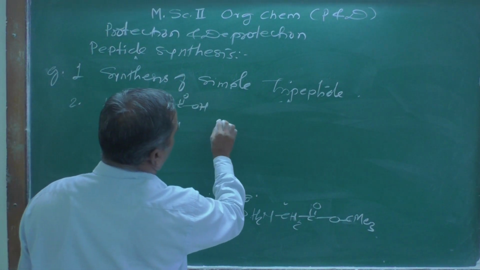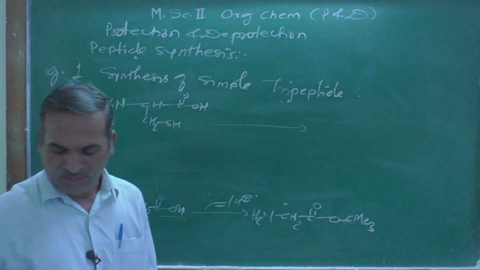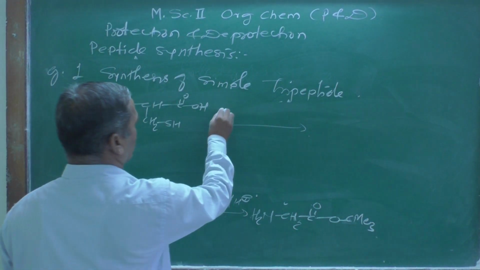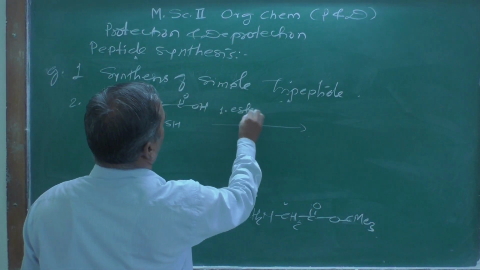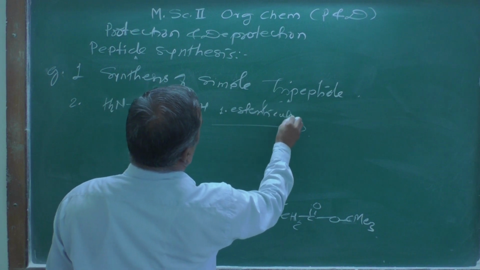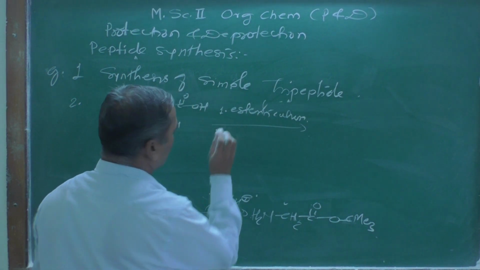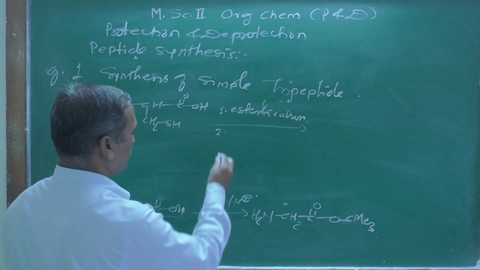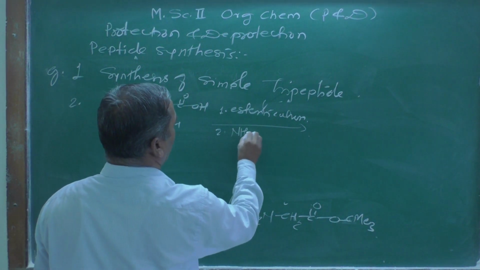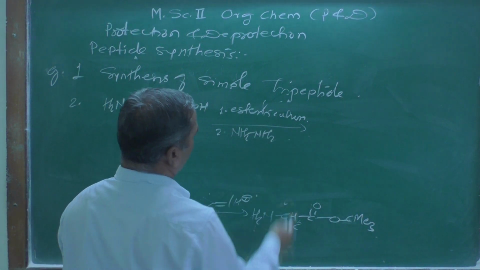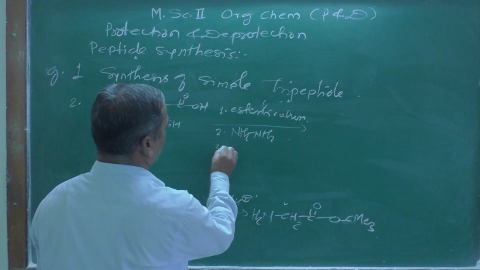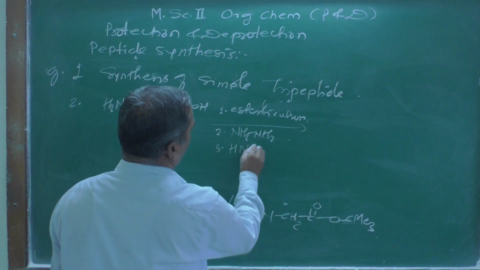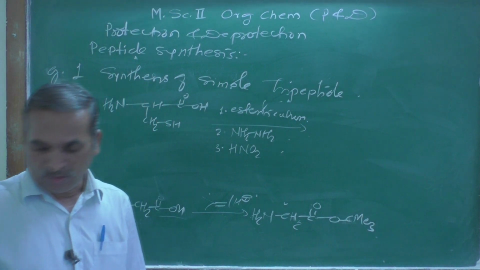For cysteine, what we are doing? First one is esterification. Second, it will be treated with hydrazine hydrate, NH2NH2, and third one with HNO2, right?